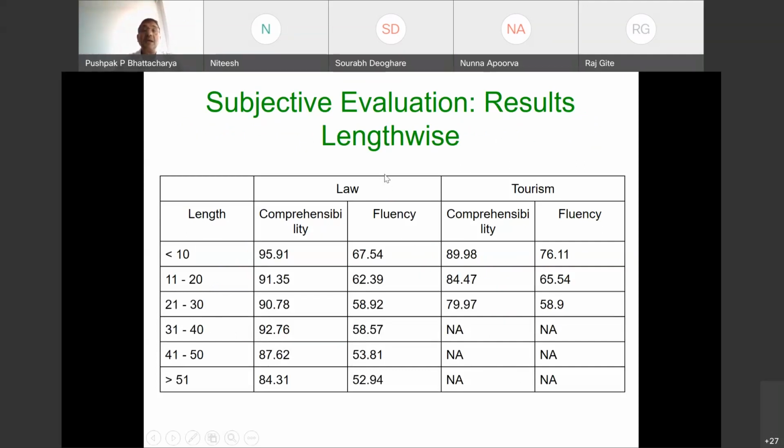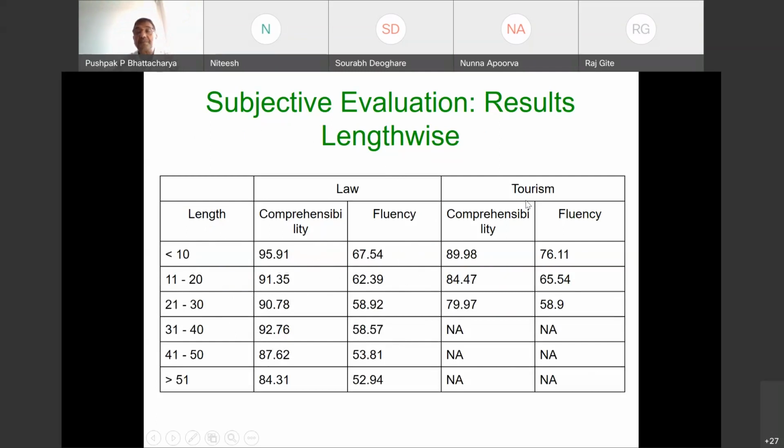Now we come to another interesting discussion with respect to lengthwise values. So you can see that when the sentence length is small, for short sentences, the comprehensibility value is high, 95.91. Okay, and fluency value is also high. But as the length increases, both comprehensibility and fluency begin to fall.